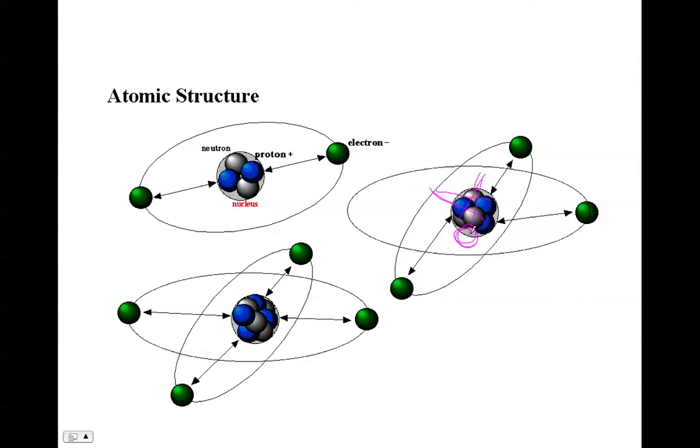As we'll get to in a couple seconds, the atomic mass is going to be the protons plus the neutrons. So there are some atoms of lithium that have 4 neutrons and some that have 3 neutrons. But all of the atoms of lithium always have 3 protons. So that's how we know it's lithium. We count the protons. We say 1, 2, 3 protons. Oh, it's lithium. Oh, but it has an extra neutron. Not a big deal. We call that an isotope of lithium because it has a different number of neutrons.